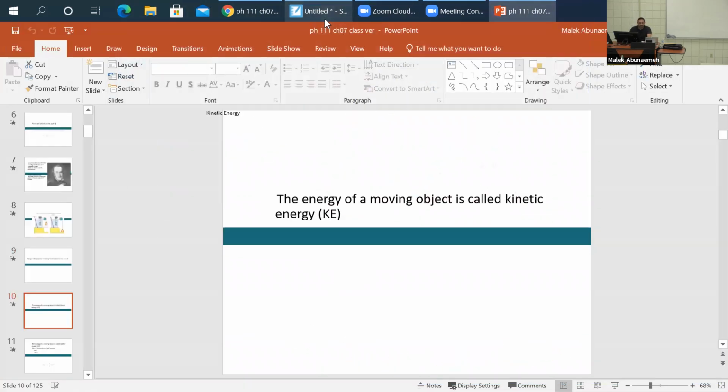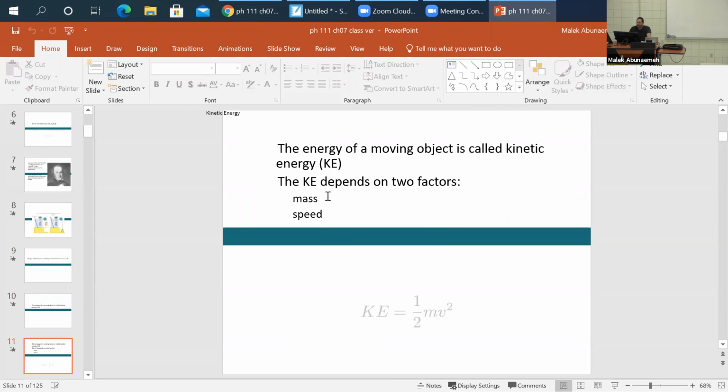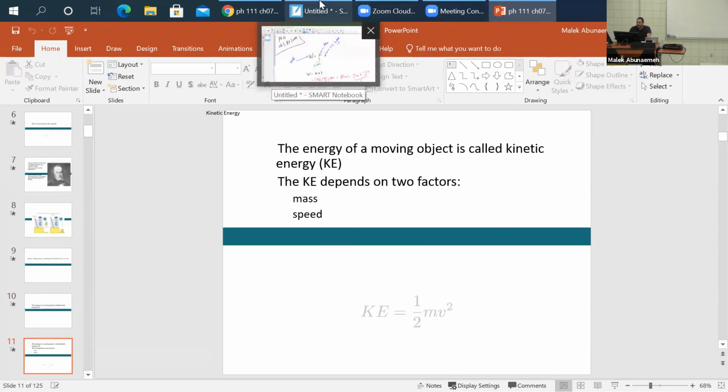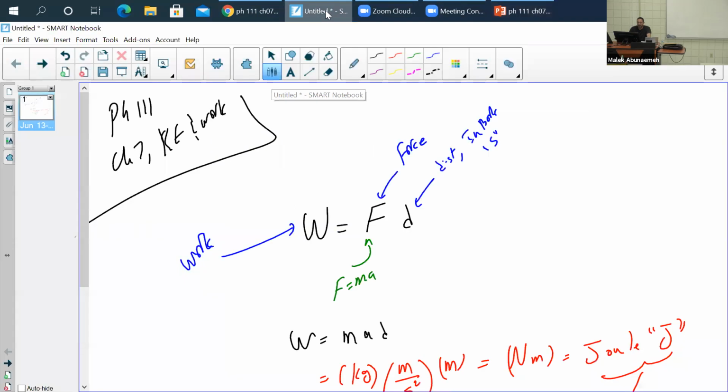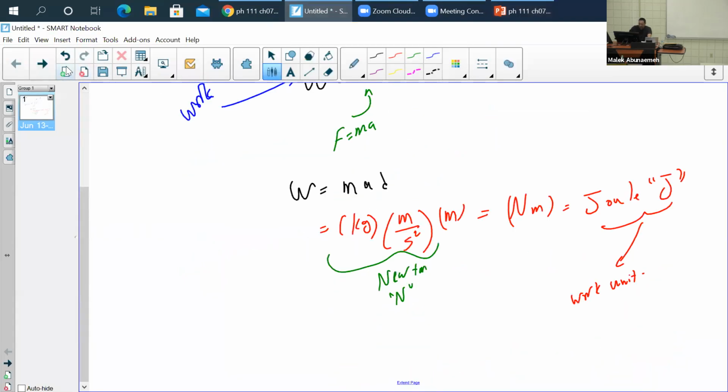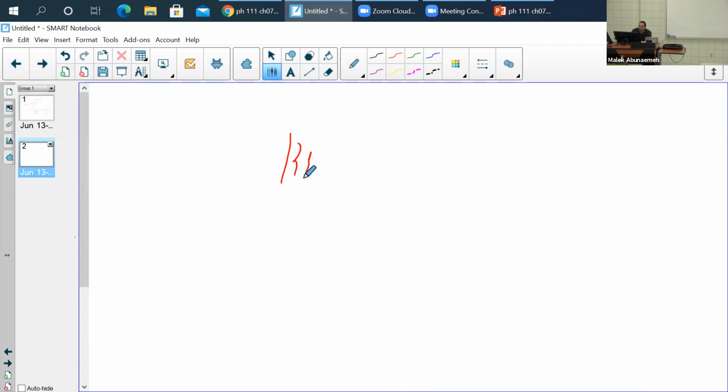Now your kinetic energy depends on two factors, your mass and your speed. Your kinetic energy is going to equal 1/2 mv squared. So your KE, kinetic energy, equals mv squared over 2, or 1/2 mv squared.